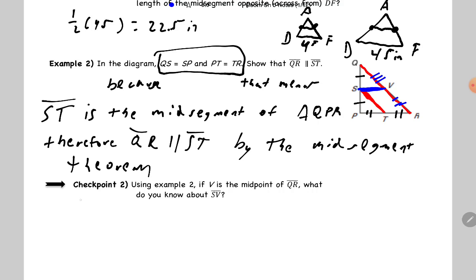That would also mean SV is a midsegment, because we know that QP is already divided in half and PR is divided in half. So SV is a midsegment of triangle QPR.